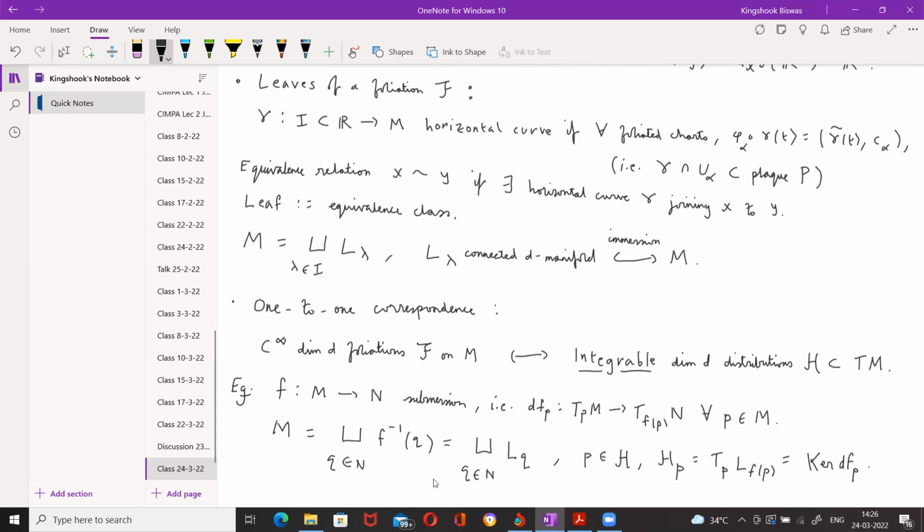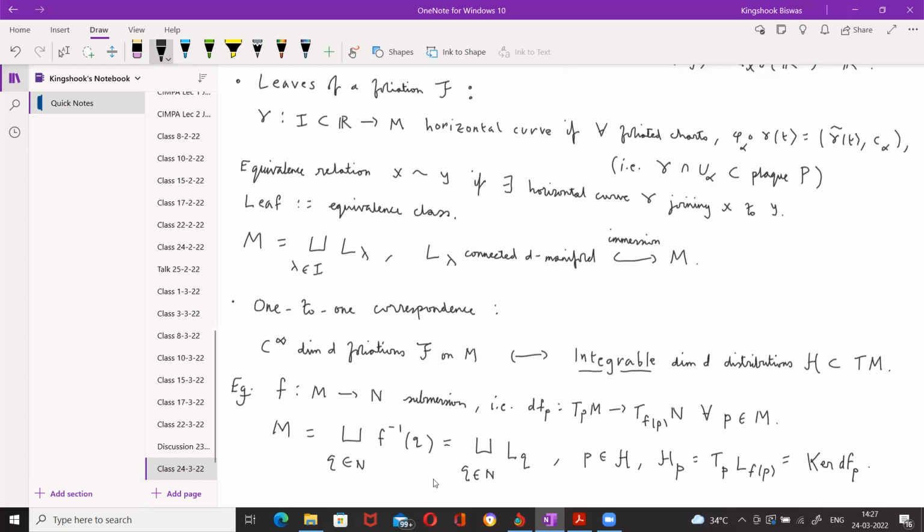How do you get them? I just take a smooth vector field, then the integral curves are the leaves of the foliation, right?